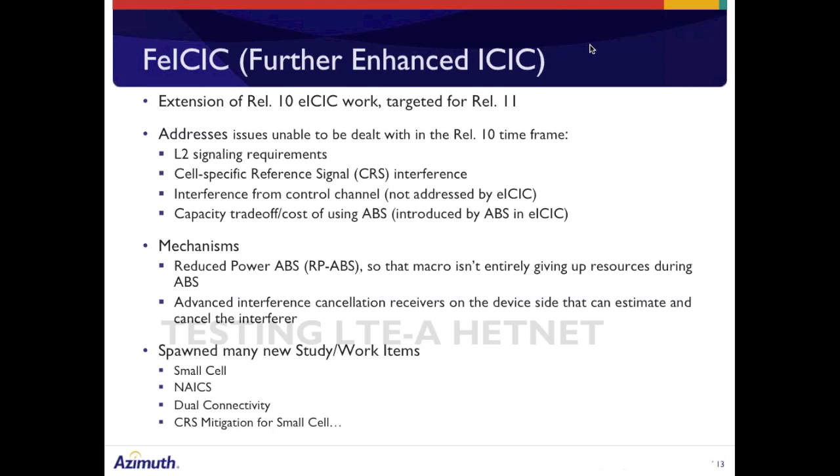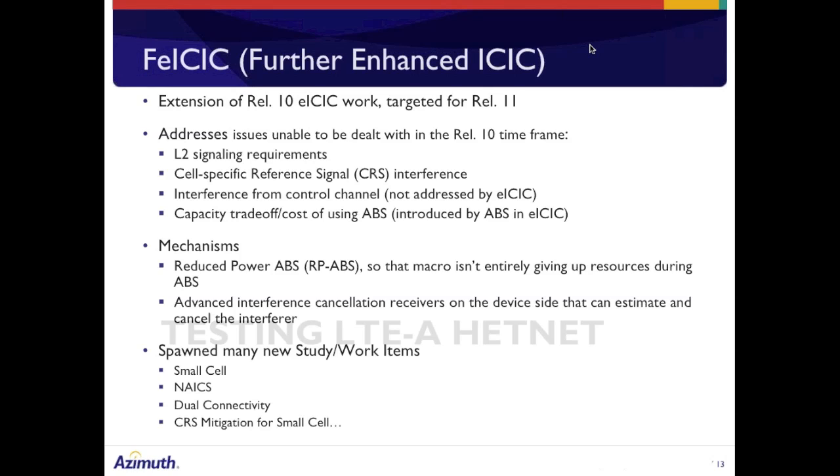That's just one example. There was discussion of that in FeICIC, and I think somebody said, well, what if we knew all these other things as well? Like transmission modes and the power ratios between the reference signal and the downlink shared channel.